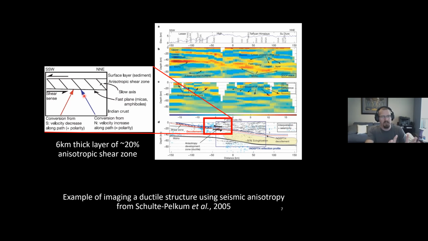And there's more detail in this figure about how it requires a slow axis at this orientation and then a fast axis at this orientation.